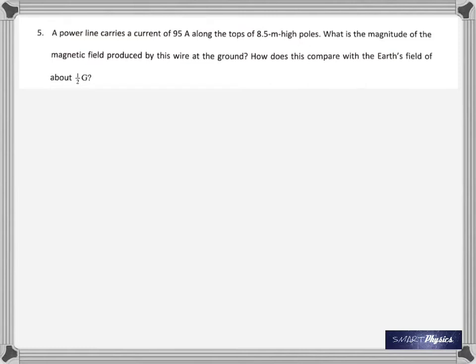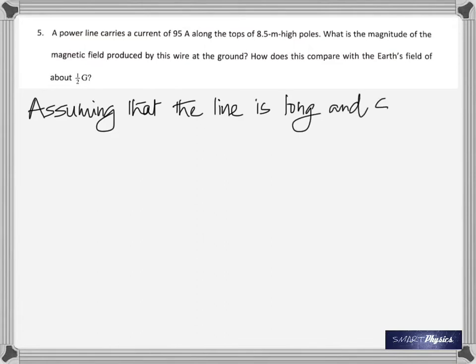So we need to use the formula for magnetic field due to a straight conductor, because obviously the power line is a straight conductor. And the formula, you remember the formula for magnetic field due to a straight conductor? And also we are assuming that the line is long and straight, of course. And that's why we can use this formula.